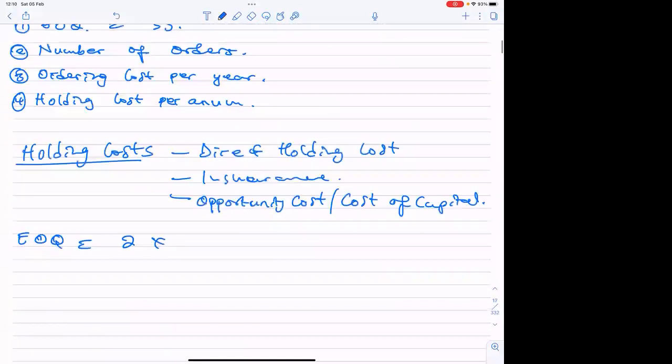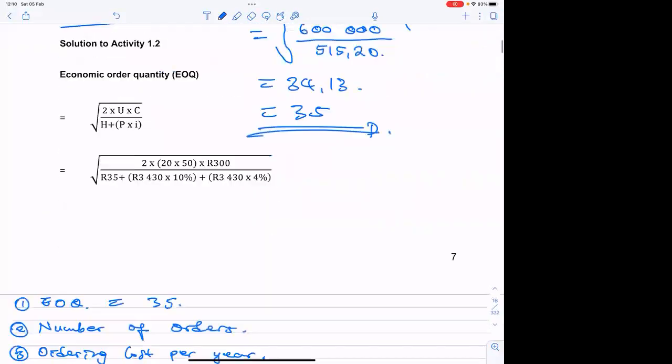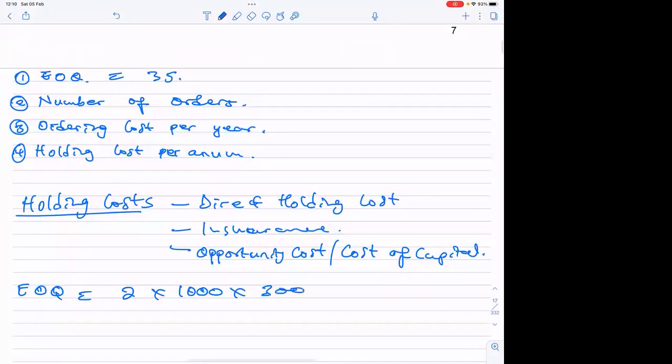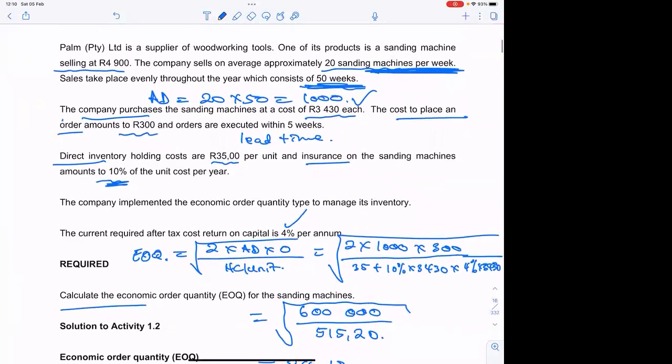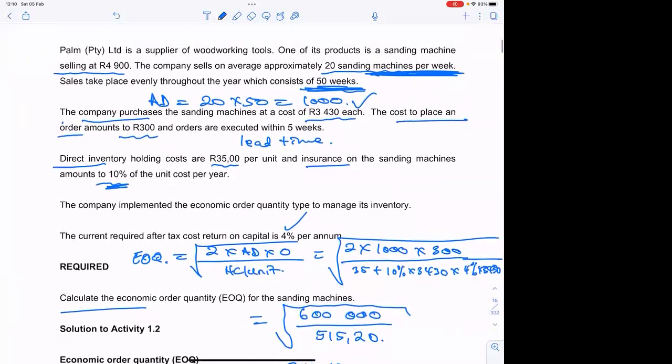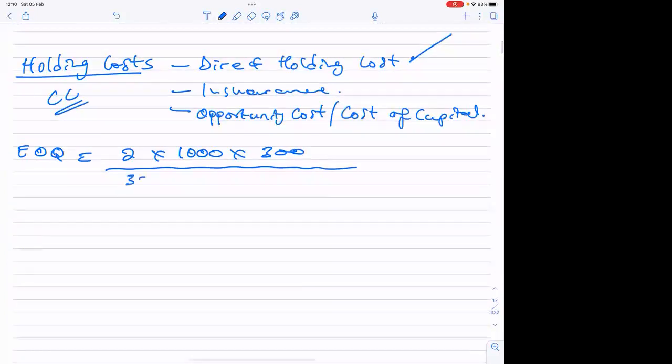Yes, 1,000 multiplied by the cost per order of 300. Then we divided by the holding cost, or sometimes others call it carrying costs. So my holding cost, first I'll start with my direct holding cost, which they said is 35 Rand per unit. So it will be 35.